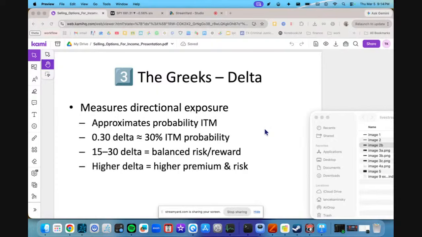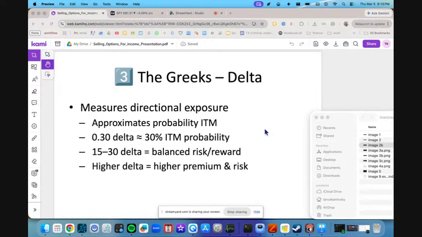It also is an approximation, it's not exact, but an approximation of the probability of going ITM, which means in the money. So in the money is when you are, say, lower than a sold put price. Let's say you had a stock where you sold a put at 50 and then the stock's at 48. That'd be in the money at that point.